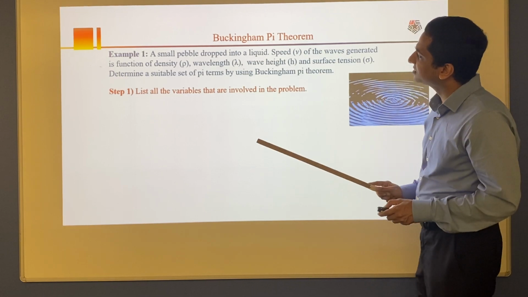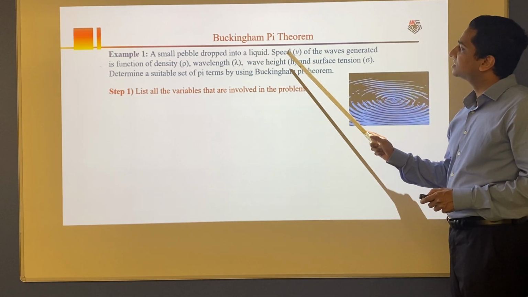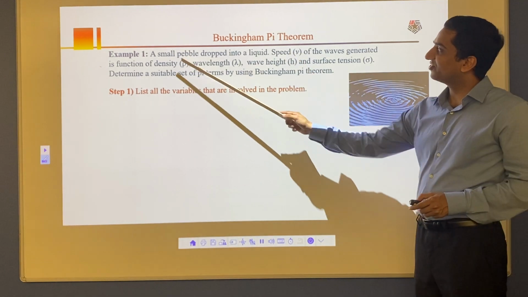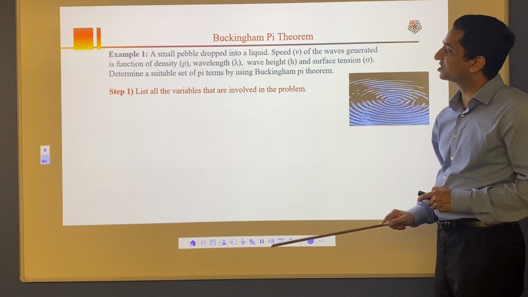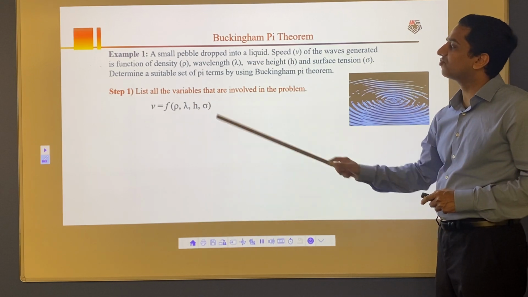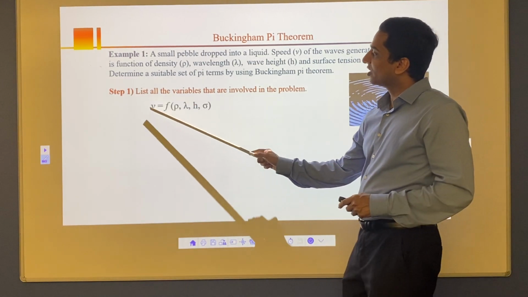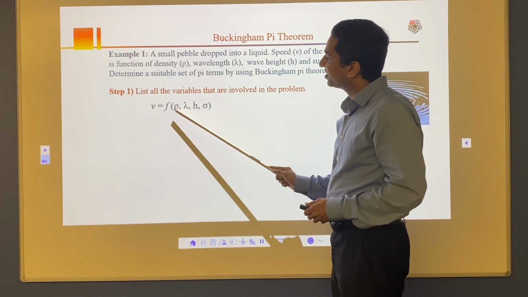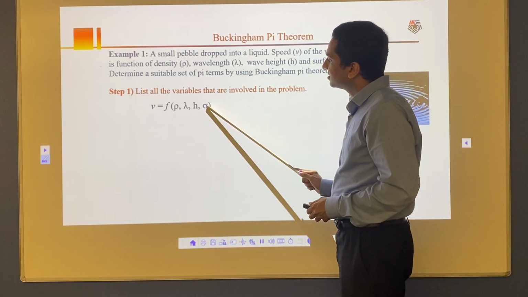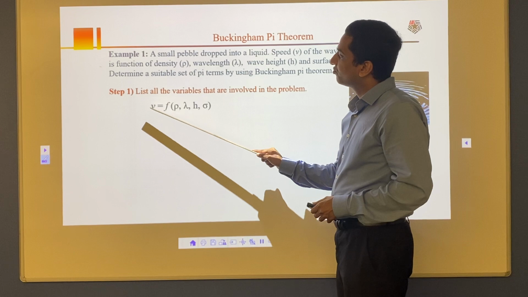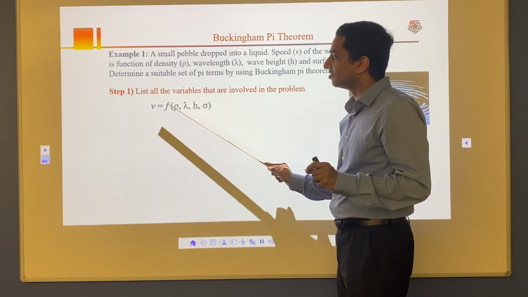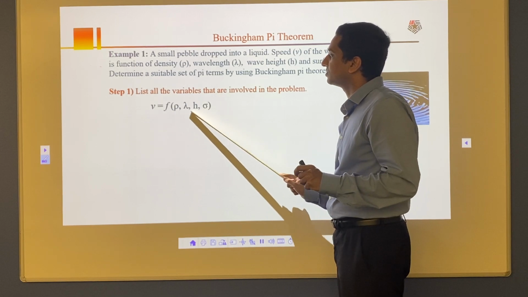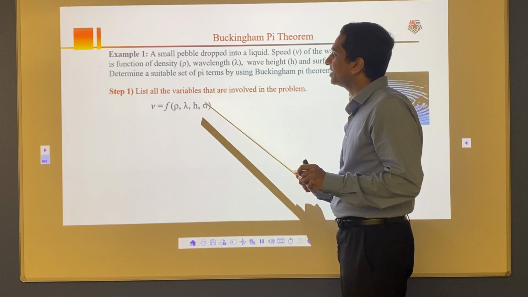It's very simple. All you have to do is get your speed, density, wavelength, wave height, surface tension, and list them. You have 5 variables here, and you have to list them in this form. V is your dependent variable, and it is a function of all these independent variables: density, wavelength, wave height, surface tension.